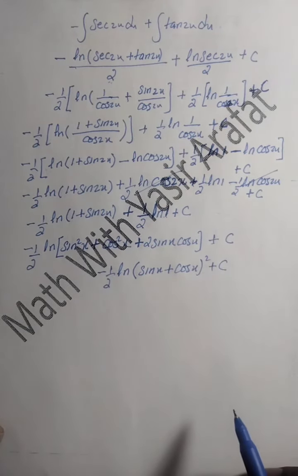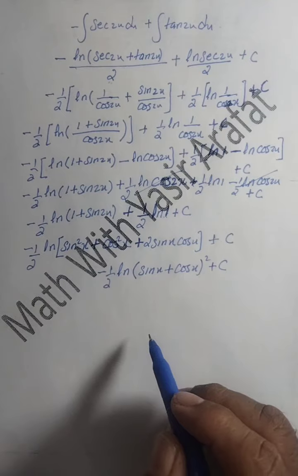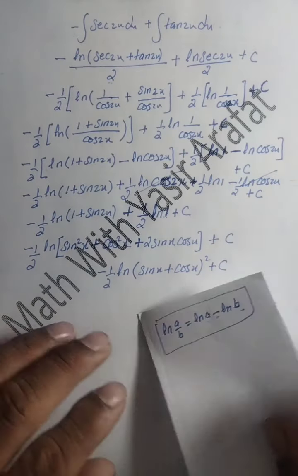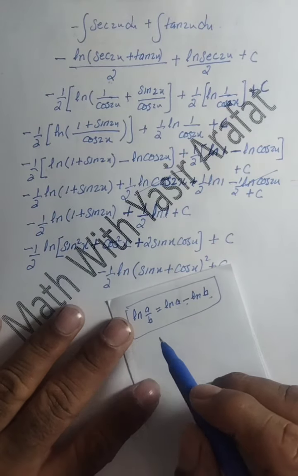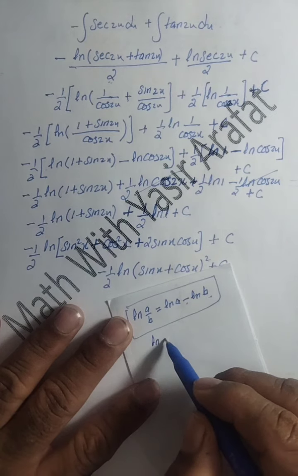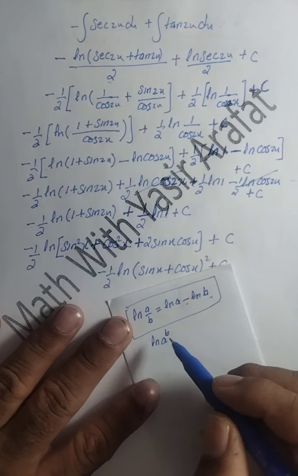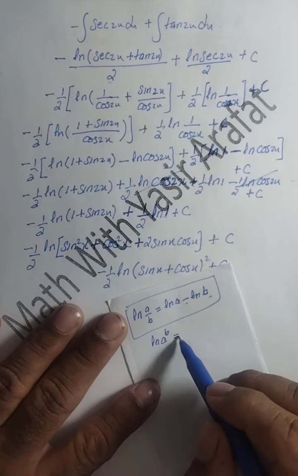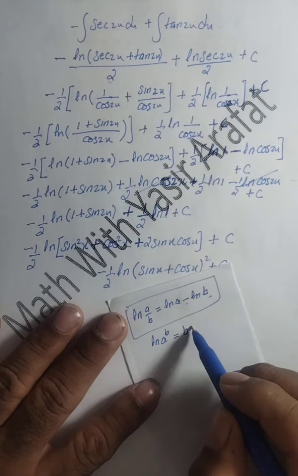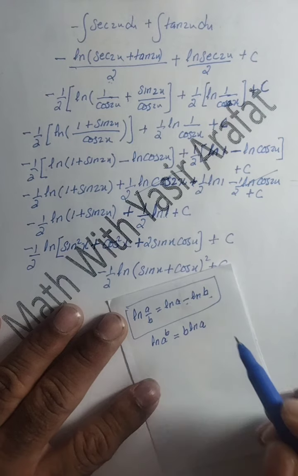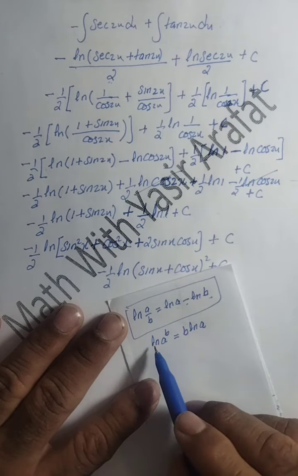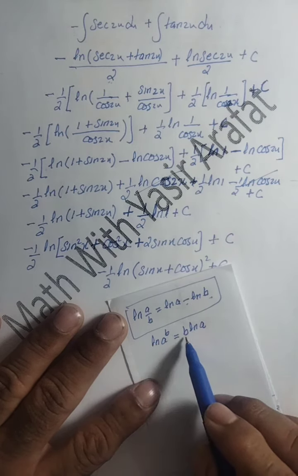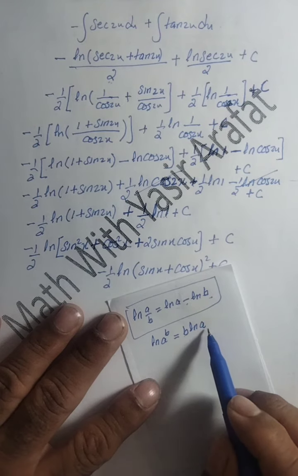plus c. And now in log we have another property here. If this is ln a power b, then by the log property, that power becomes the coefficient of log a. So ln a power b is equal to b ln a.